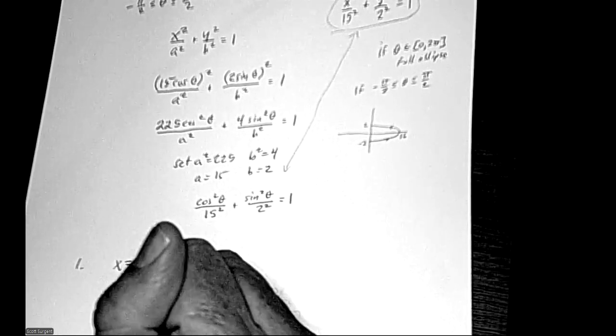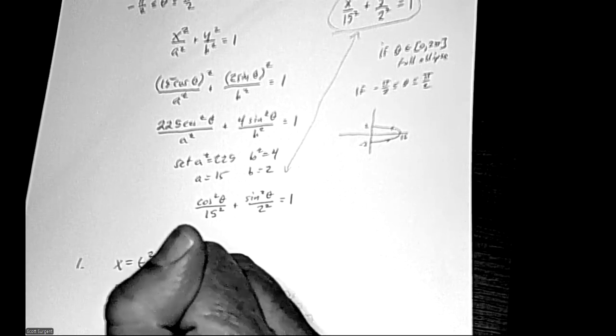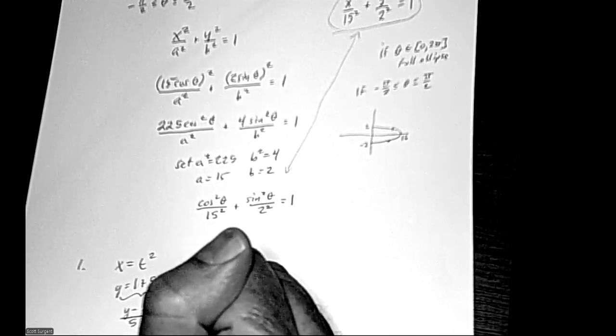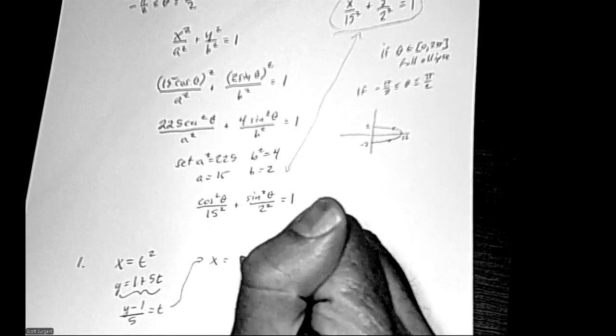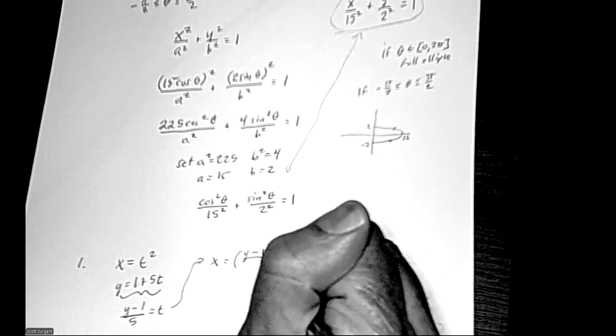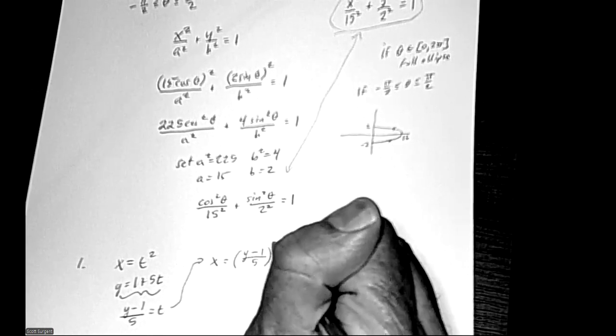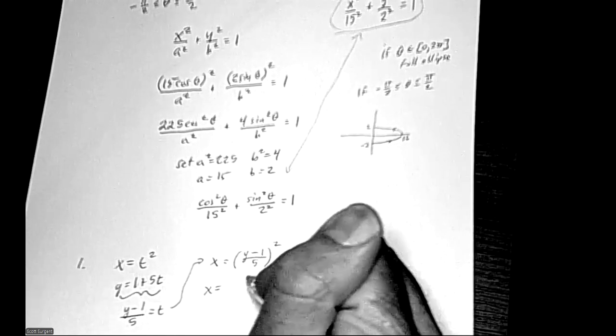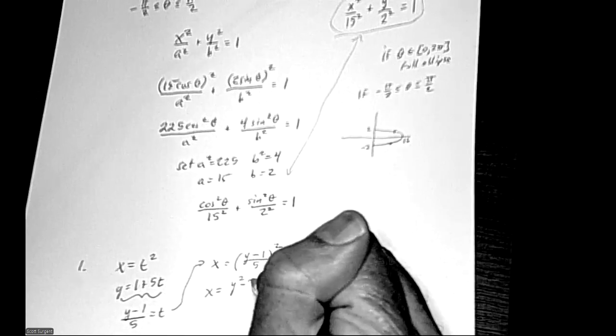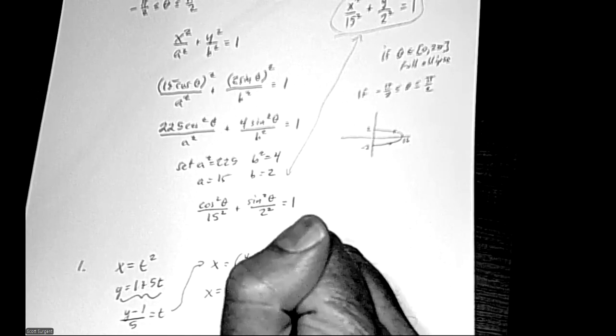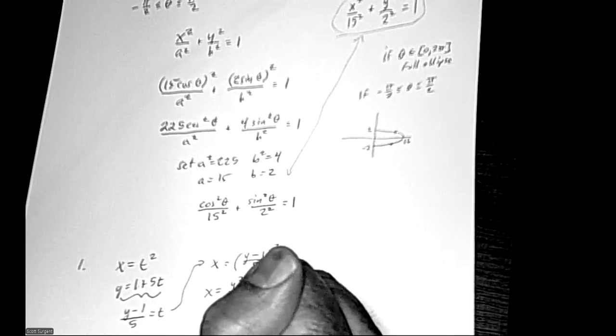So you're just going to eliminate the parameter. In this case, you just solve for t in the bottom one. So (y minus 1) over 5 is t, and then you substitute it in the top one. And you just square it out. So it'd be y squared take away 2y plus 1, all over 25.